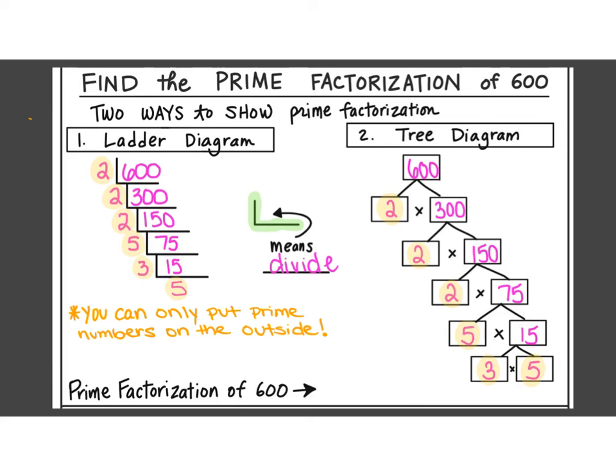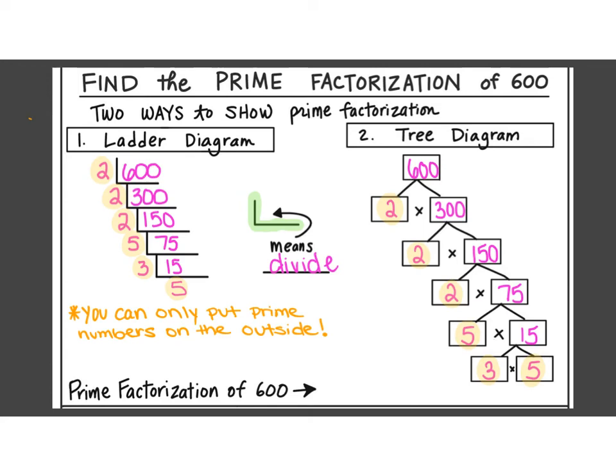Now it's time for us to write out our prime factorization in expanded form. Notice how we have the same prime numbers in both methods. I'm going to write out my expanded form in order from least to greatest.